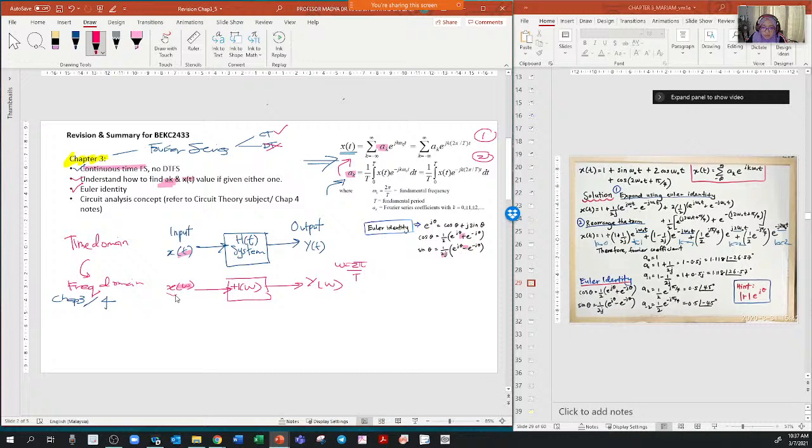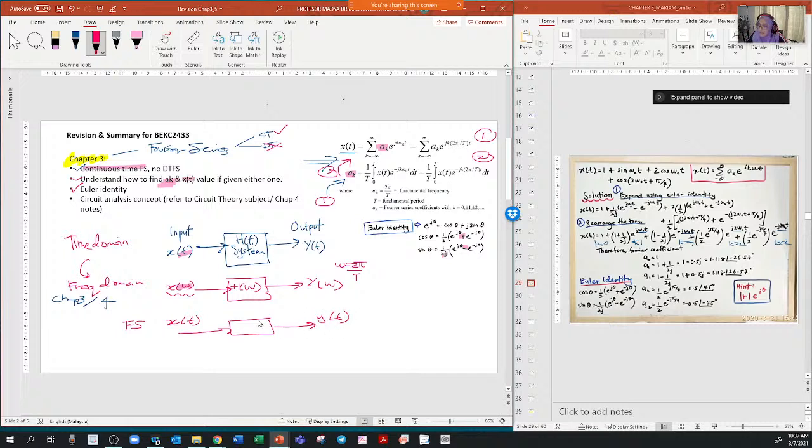So this is the x(t) input. Normally, when you get the x(t) value in the Fourier series, because you did this method, find ak and x(t), you get x(t) using the Fourier series. So this is the input and this is the output.